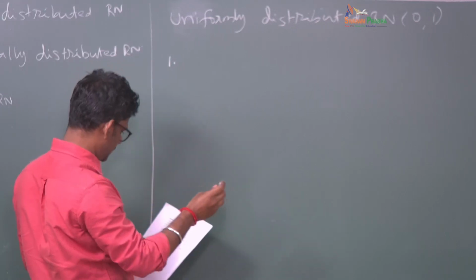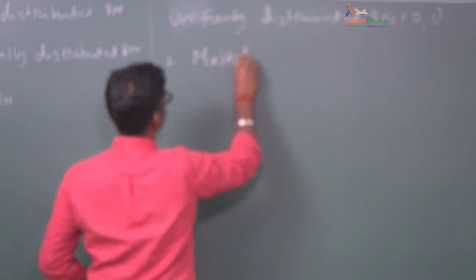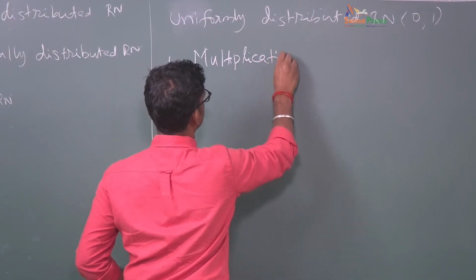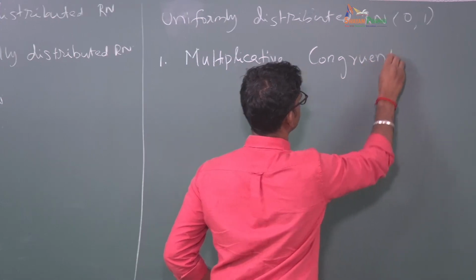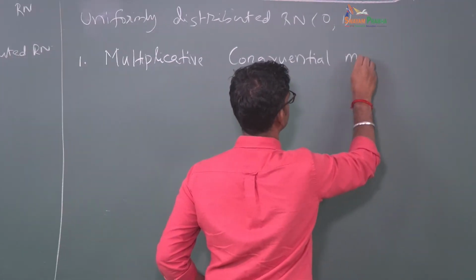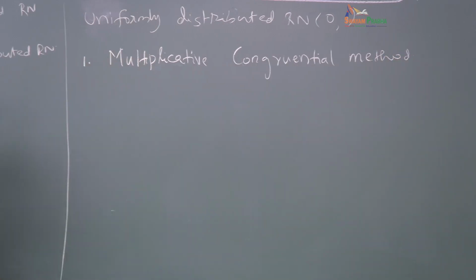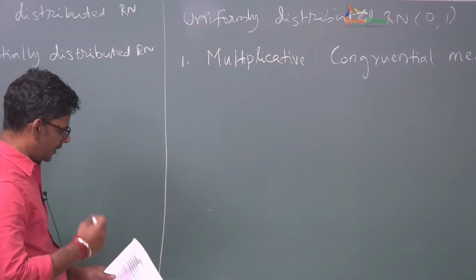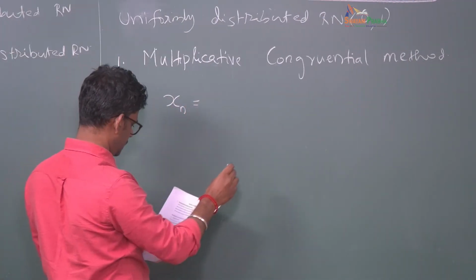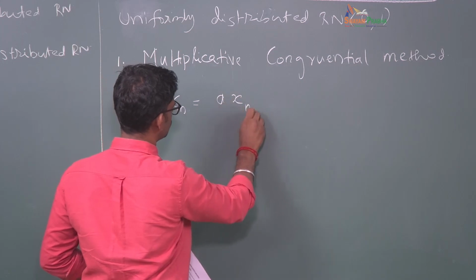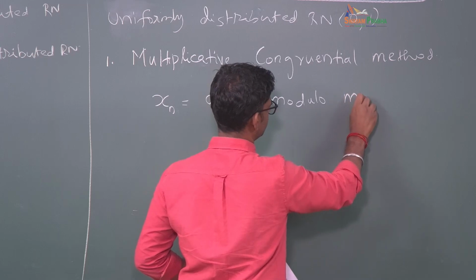So, the first method is called multiplicative congruential method. So, here we write a recursive relation that x_n is equal to a x_(n-1) modulo m.